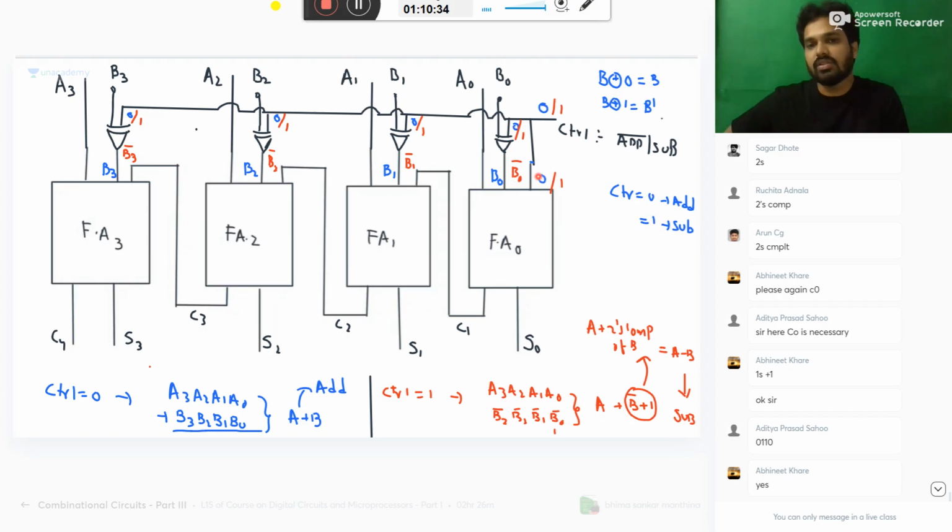For that, you should have this C0 compulsory. That C0 will be given as 1 here. This is your C0 now.